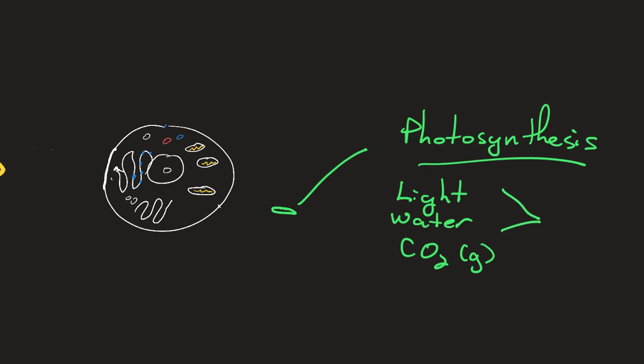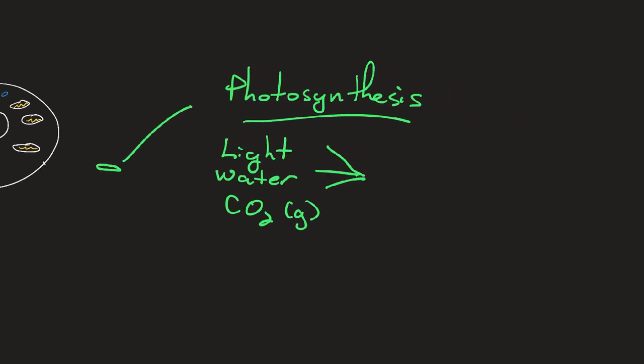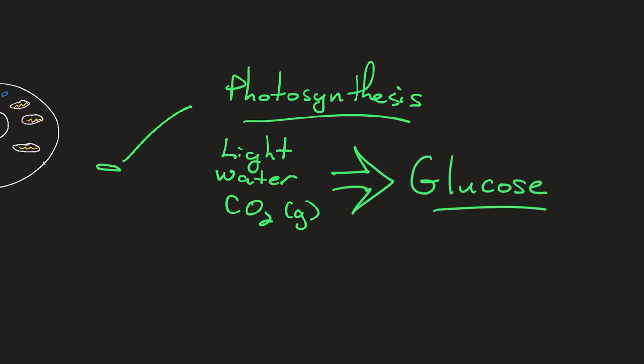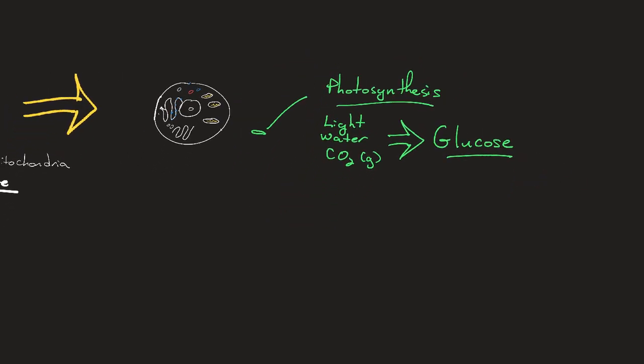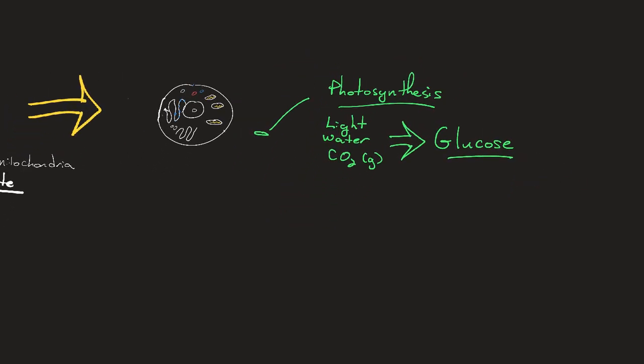You can take all those together. We're going to look at photosynthesis in a little bit, tomorrow actually. Yes, it's on a test. And take and make sugar, make glucose. So it was really good at doing that.